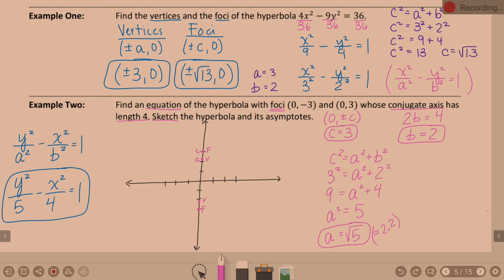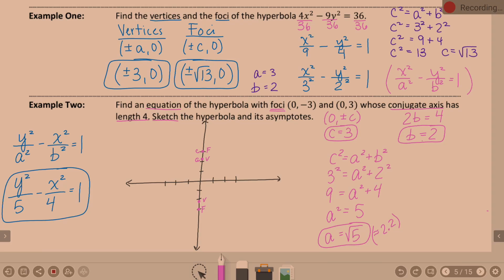Now, what's with the dotted lines? We'll get there. Those are our asymptotes. I'm working my way there. The other thing we need are the B values. Similar to ellipses, those are the points on the other axis. What was my B value here?